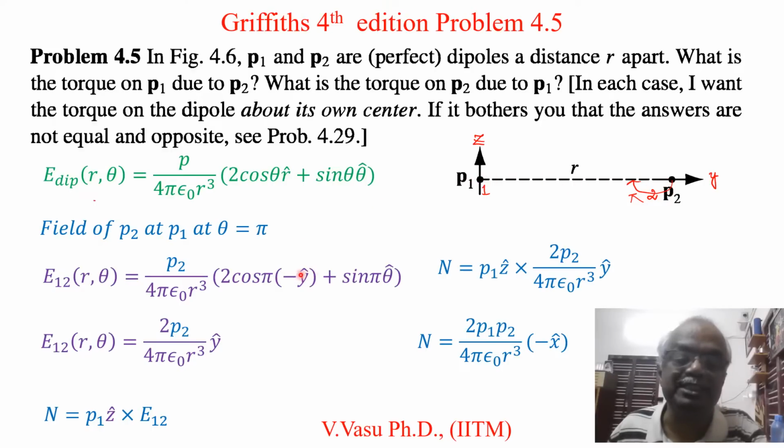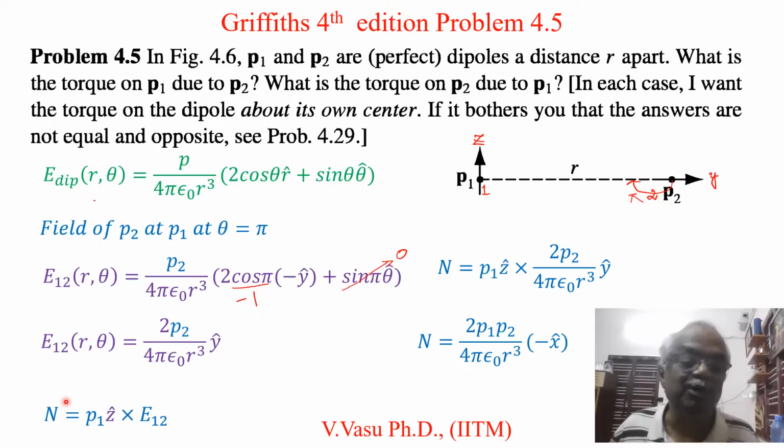So I have mentioned that as y hat, and sin pi theta hat. Now sin pi is 0, so you need not worry about this. What about cos pi? Cos pi is minus 1. So this minus of minus will become plus. Here you have 2 P2 divided by 4 pi epsilon naught r cube y hat.